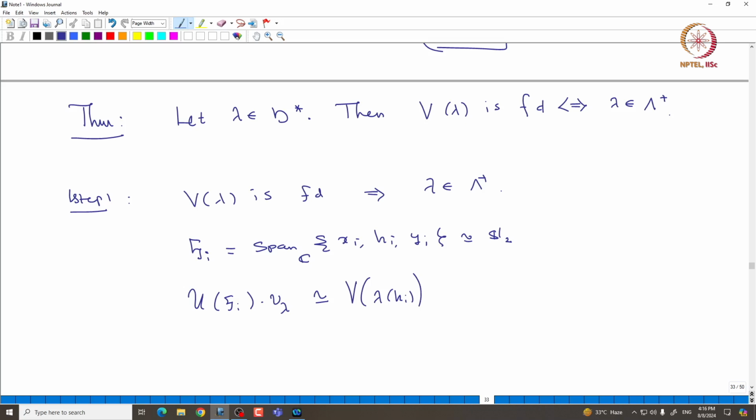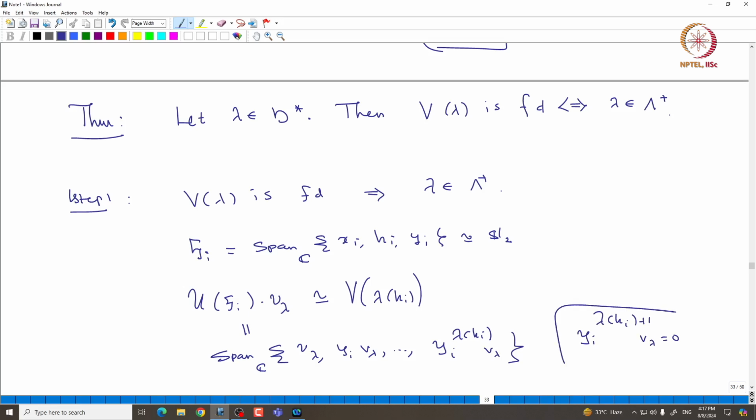I will leave this as an exercise, because if you look at this module, one can prove that it will be the span of v lambda, y_i v lambda, and so on, up to y_i to the power lambda of h_i applied to v lambda. So y_i to the power lambda of h_i plus 1 applied to v lambda will become 0.